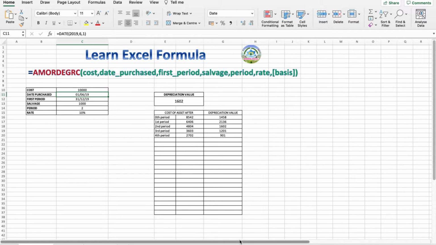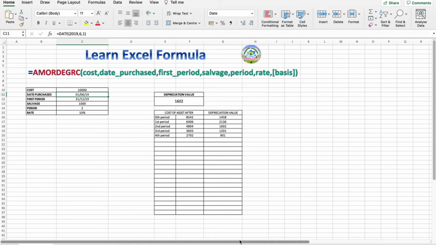Next is the period. The first period you entered is considered as the zeroth period. That means from the date of purchase, it may be after 3 months or after 6 months. That is the first period.